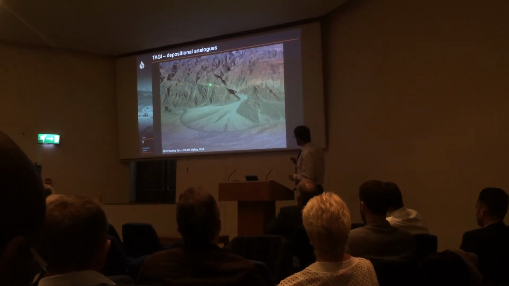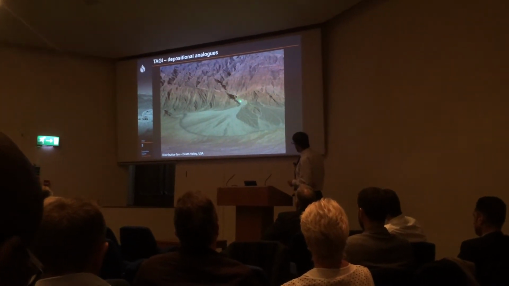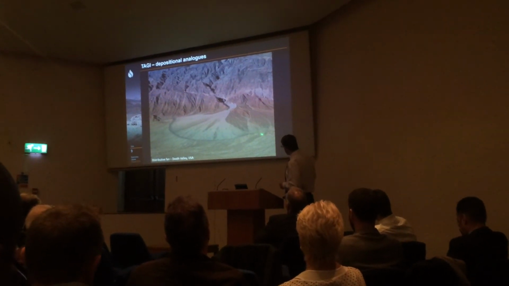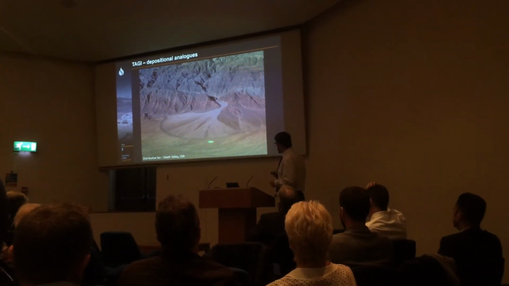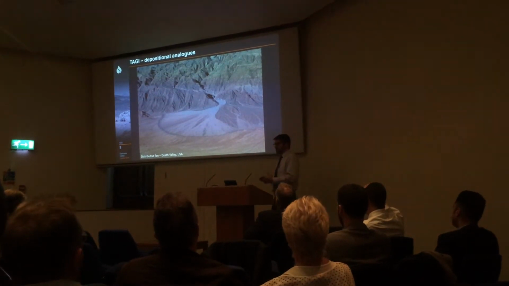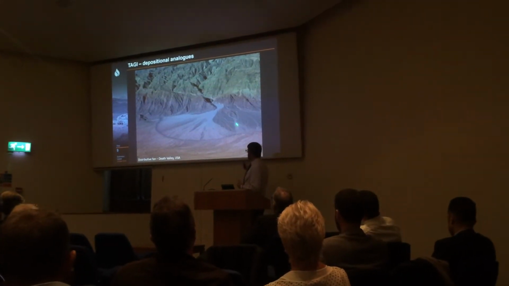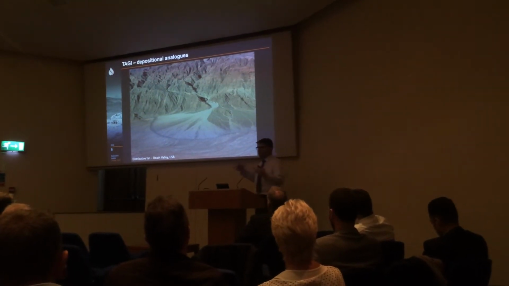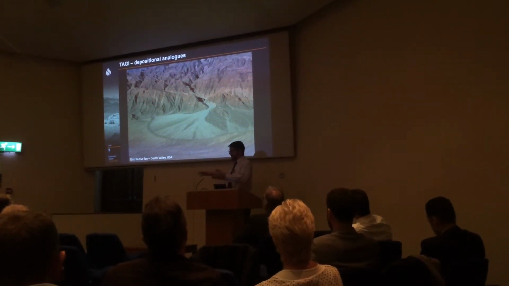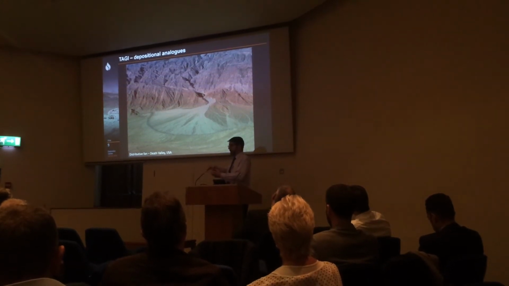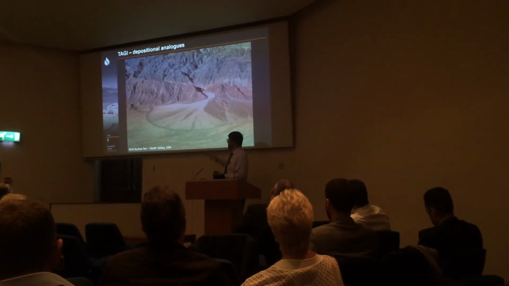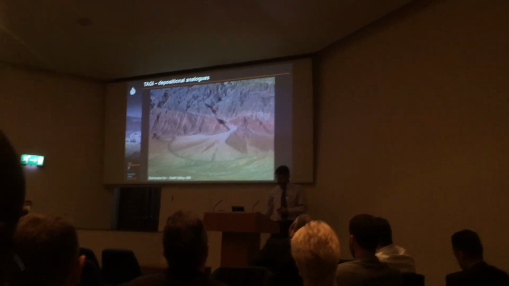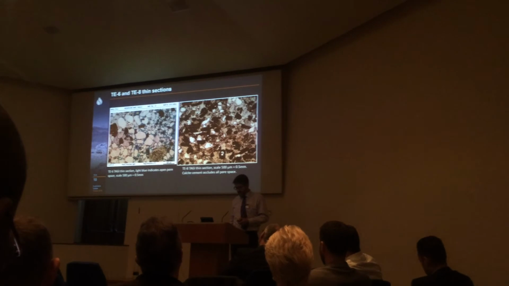You've got a river coming out of the mountains here, and then it goes onto a plain, and you get all these small channels coming out. This is where you deposit sand and gravel and conglomerates, and this is what the TAG-E looks like. That's fabulous. So now we can start to say how big we think the TAG-E depositional architecture is, and we can say something about the variation of TAG-E reservoir quality.